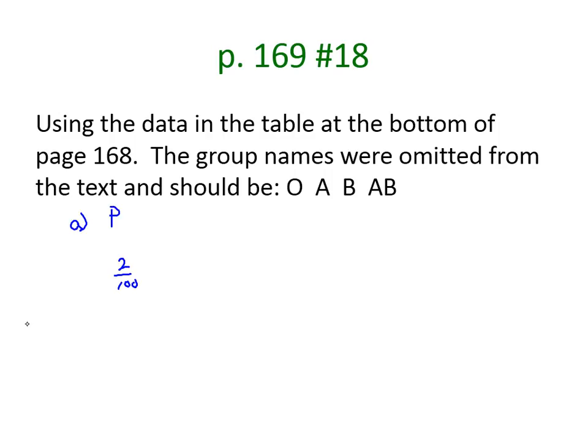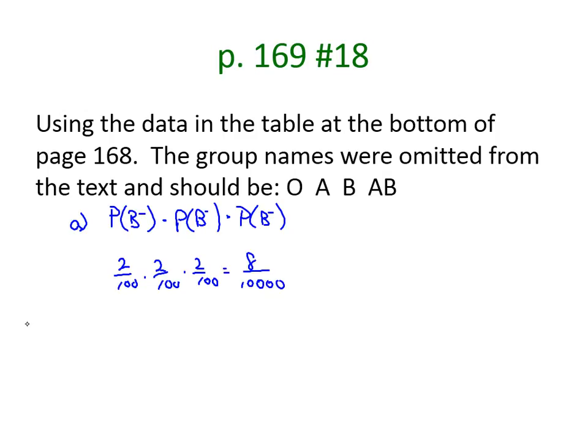So we are finding the probability that it's B negative times the probability that it's B negative times the probability that it's B negative. Each one of these stays 2 out of 100. So we're looking at 8 out of 1,000,000.